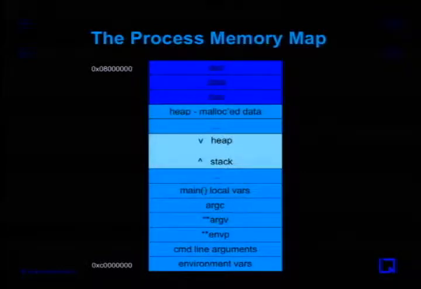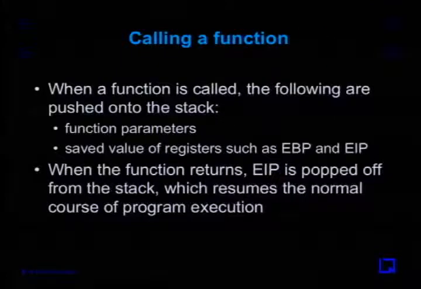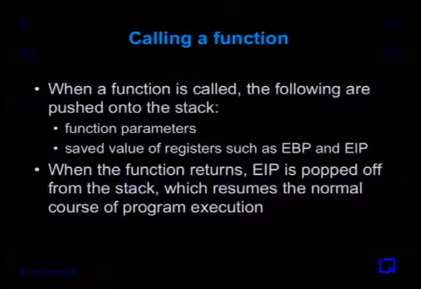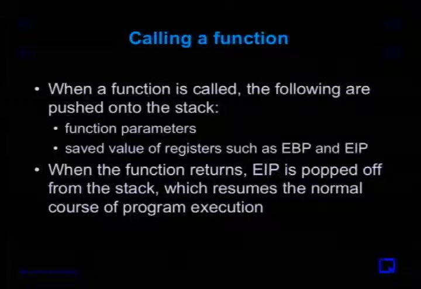Whenever a function is called, what happens? Just a quick refresher. Program control stops where it is, saves some stuff on the stack, jumps off to where the function is, does stuff in the function, and then how does it know how to get back to where it left off from? Well, the stuff it has saved on the stack is actually a copy of the EIP where it left off from, rather specifically where it needs to resume to, and a copy of the previous frame pointer, the frame of the previous function.